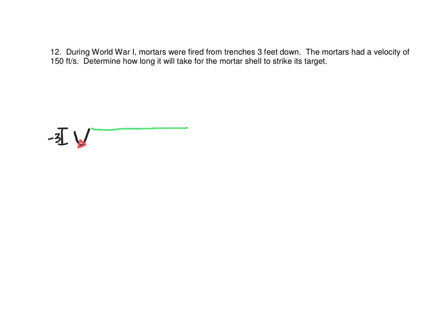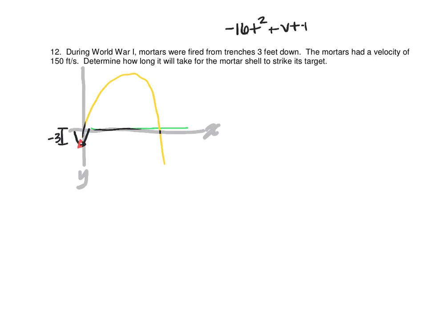And then I'm going to launch that mortar upwards. Here are my axes. So my equation, the vertical motion equation, is negative 16t squared plus vt plus s, or h sub 0, which is just the starting point.